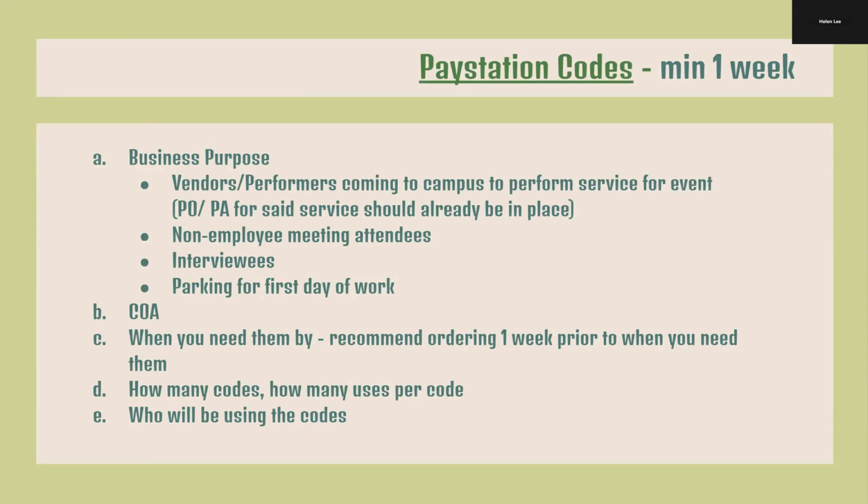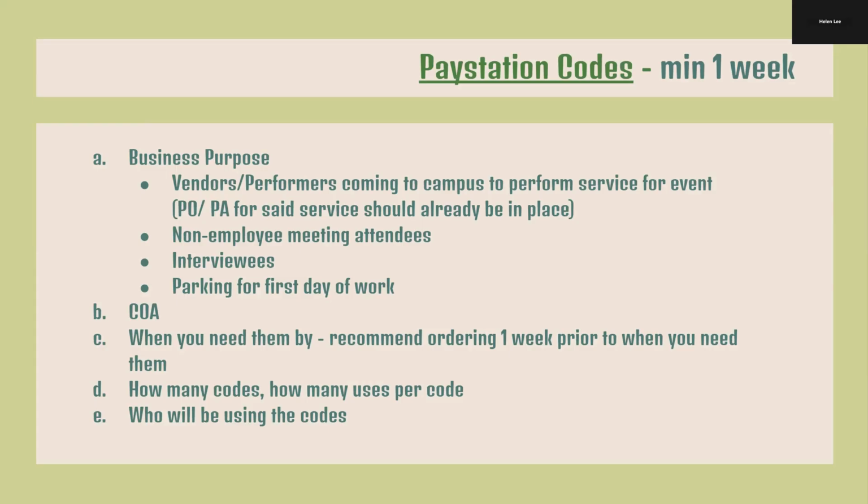Next, we have pay station parking codes. We will need at least 1 week to process this. And with this, you'll also submit a business purpose, and you'll also provide the COA and when you need the codes by. We recommend, again, ordering them at least 1 week prior to needing them. We will also need the COA and the date you need them by or the date that the code will be used.